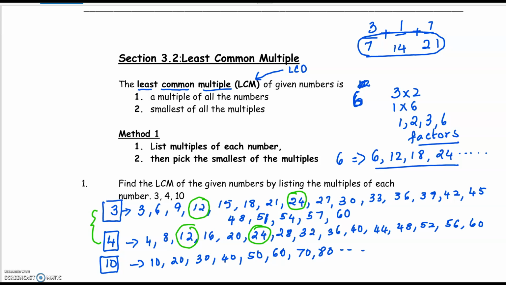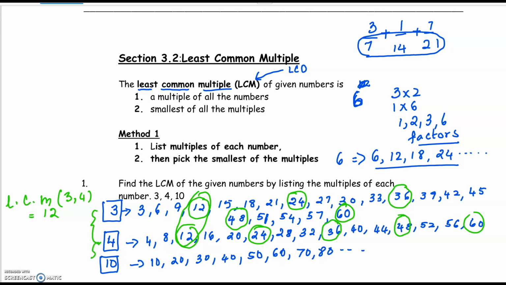Let's keep going. And then we have 36, 48, and then of course 60. Out of all the common multiples of 3 and 4, the smallest or the least is 12. So then you say that the least common multiple of 3 and 4 is 12. So LCM of 3 and 4 is 12.